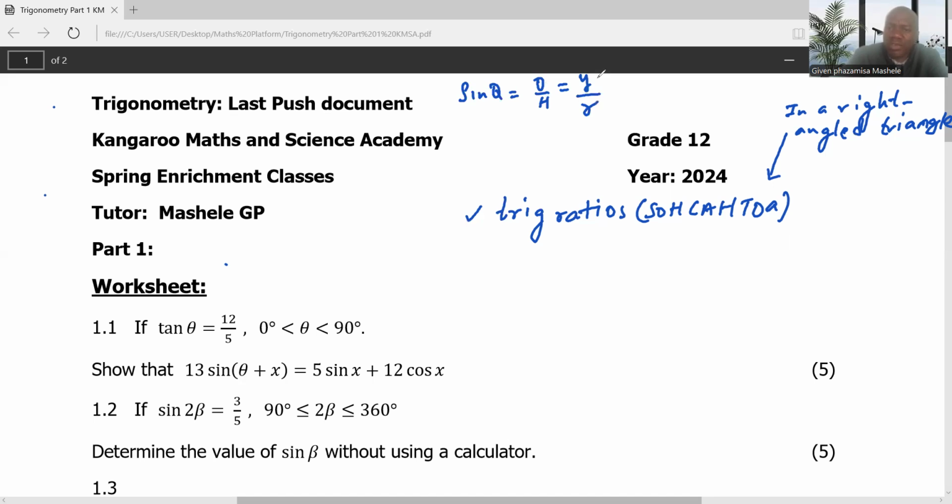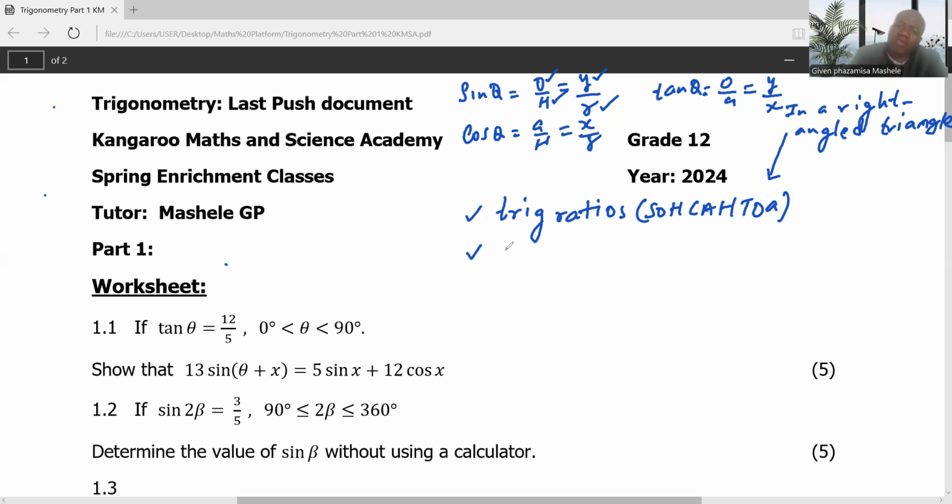So opposite is the same as y, and hypotenuse is the same as r. Cos of an angle is adjacent over hypotenuse, which is the same as x over r. Then the tan of an angle is opposite over adjacent, which is y over x. You must know that you use these interchangeably.